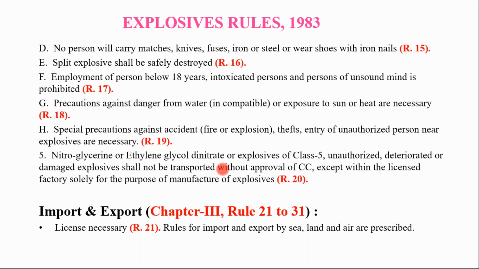So these deteriorated explosives may explode anytime, and we can't determine or judge when they are going to explode. So these deteriorated or damaged explosives shall not be transported without the approval of the controller of explosives.